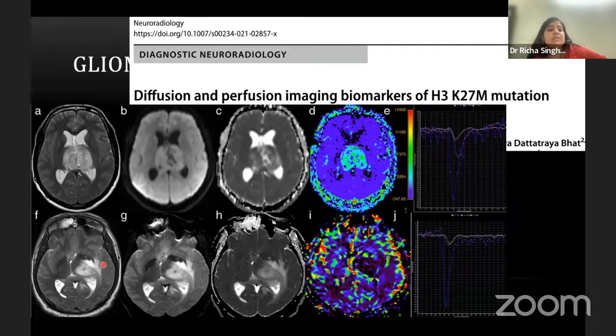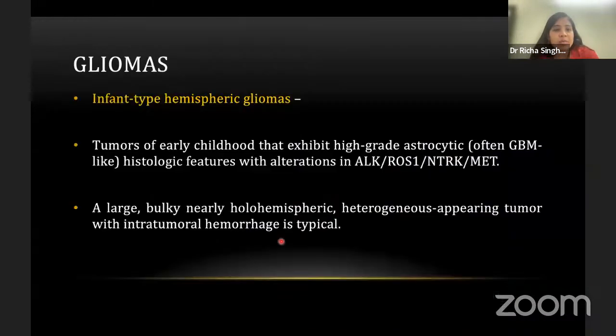In contrast, here is a tumor having edema, ill-defined margins, no diffusion restriction, and no high perfusion in the tumor. As we can see here, the peak of the white matter and the tumoral regions is similar. So that's how on advanced MRI we differentiate between an H3K27M mutant midline glioma from a non-mutant glioma.